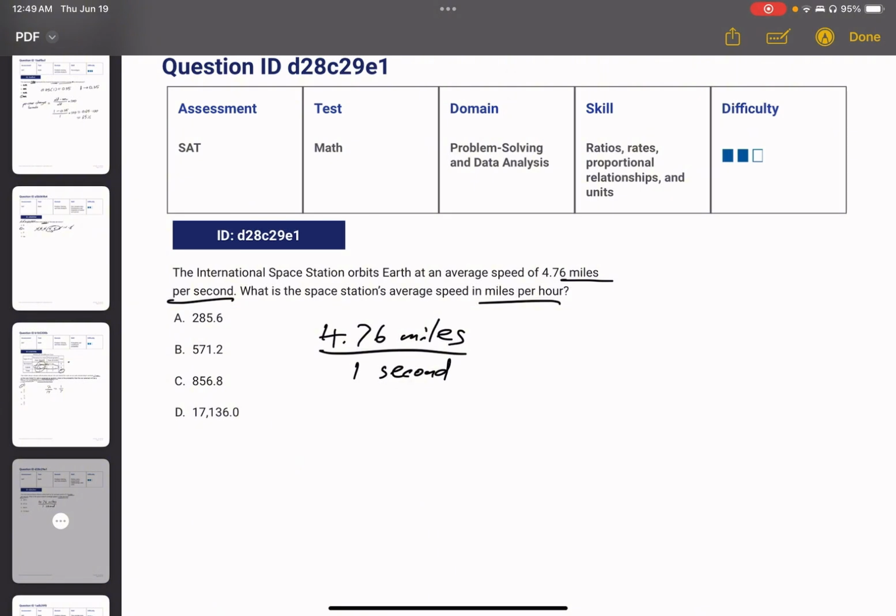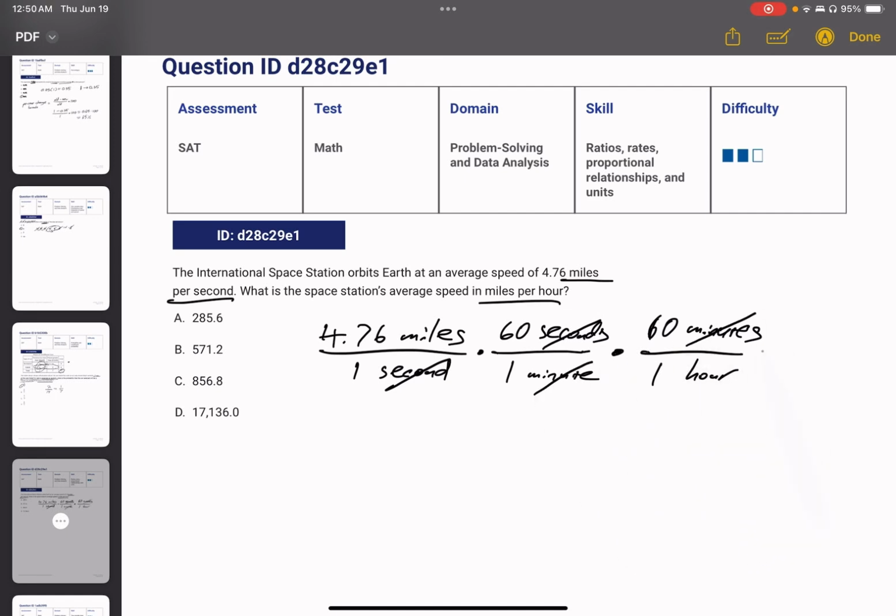So we pretty much need to figure out how many seconds are in an hour. It's 3,600, but if you don't know that, this is the process of getting to that. So to cancel seconds out, since we need to get to hours, we know that in 1 minute, there are 60 seconds. These cancel out. Now we need to get rid of minutes, or 60 minutes in 1 hour. Cancel this out.